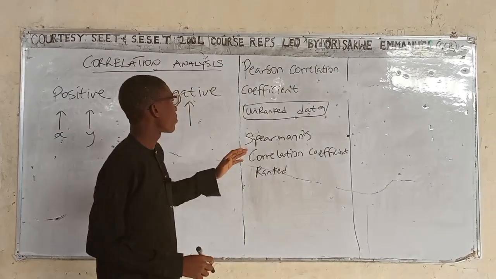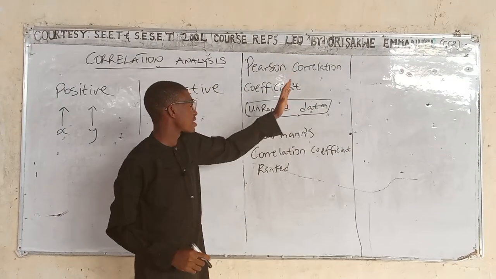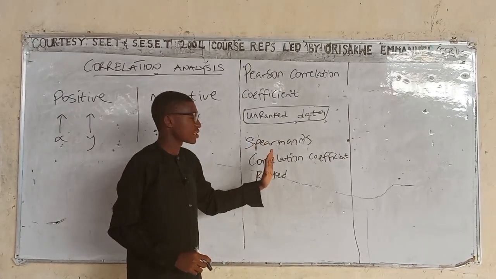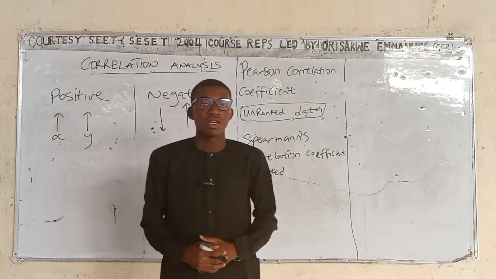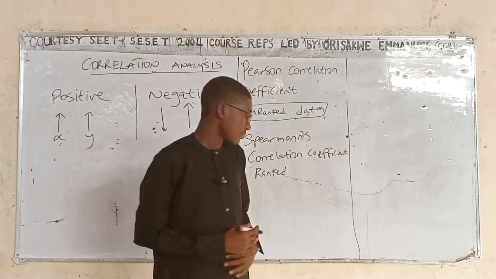Now, let me give you the general formula for a Pearson correlation coefficient and a Spearman's correlation coefficient. Then we can go over and solve an example to understand this better.